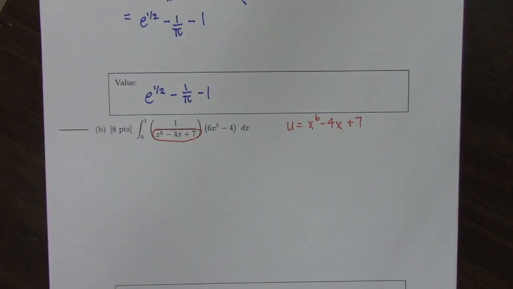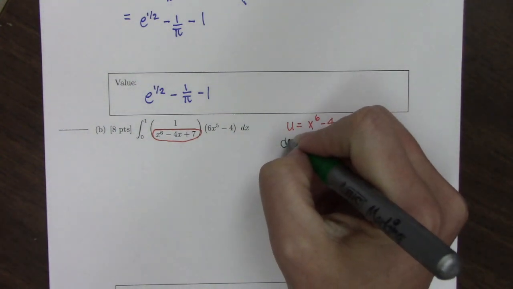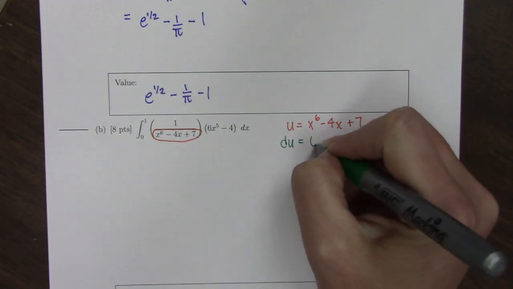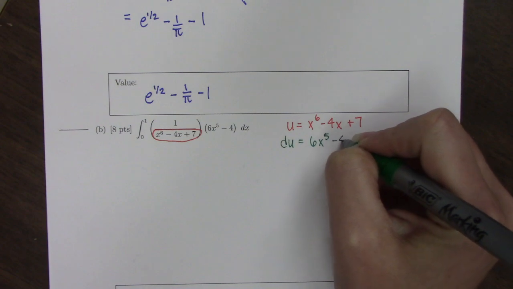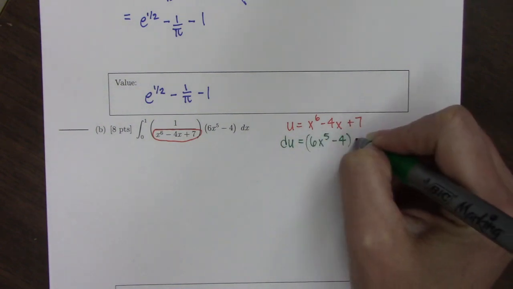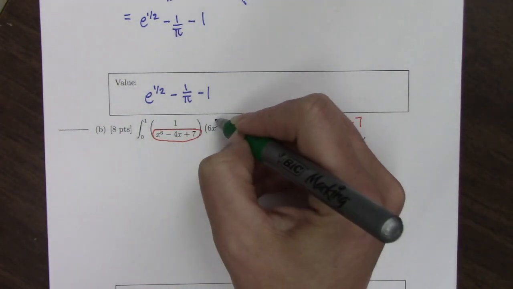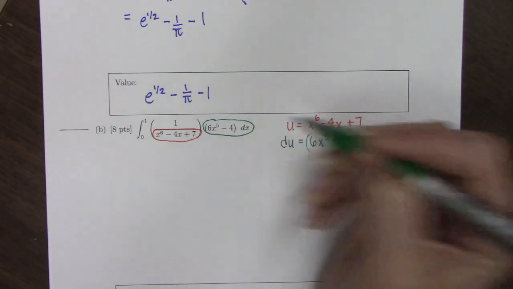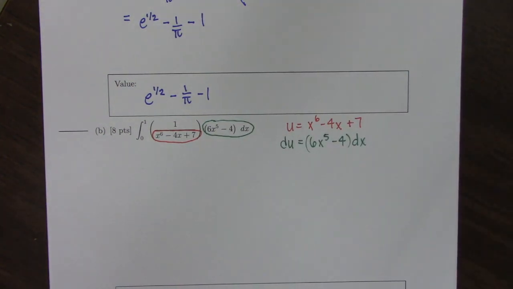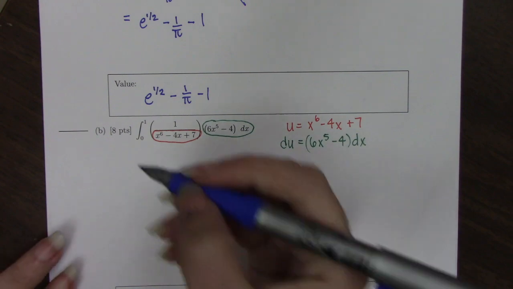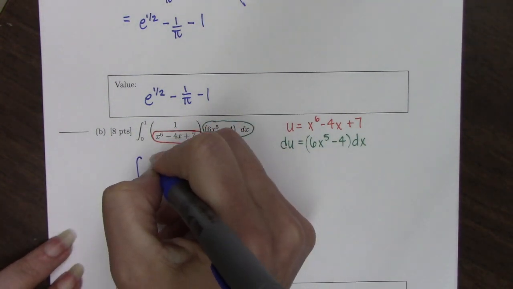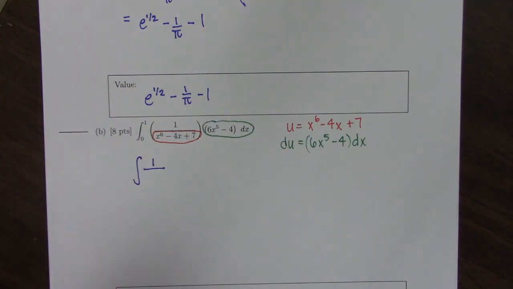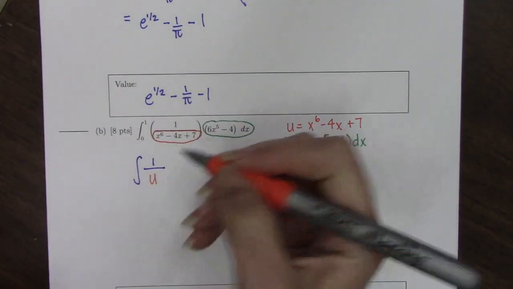My du, when I calculate that, will be 6x to the 5th minus 4 dx. So now when I go back to my integral, I have that right here. So now when I translate my integral, I have 1 over u du.